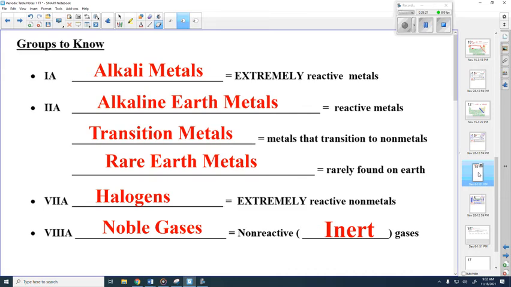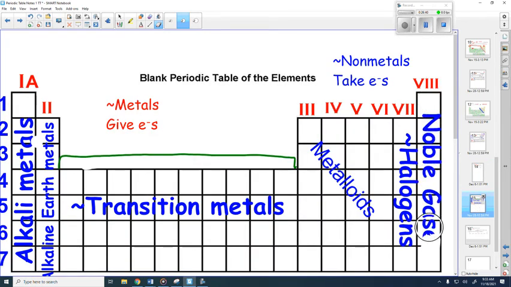The noble gases do not bond with any other elements. They don't like any other elements. They're snooty, and they will not react with anybody. So the noble gases are on that far right-hand side. Your heliums, your neons, your argons, all that good stuff. Noble gases. Oh, we're so noble.